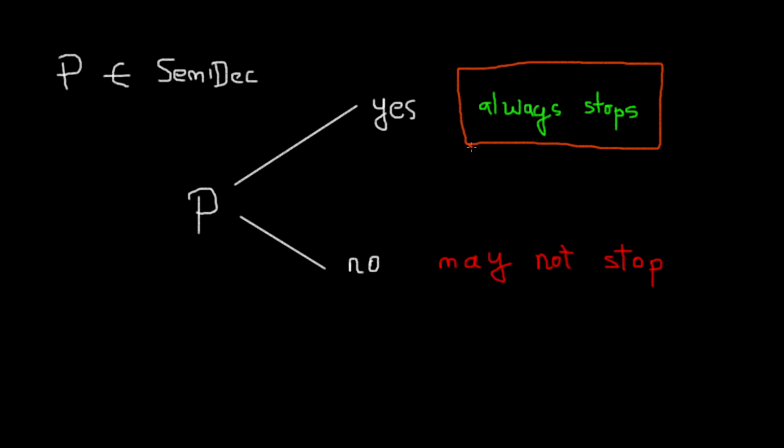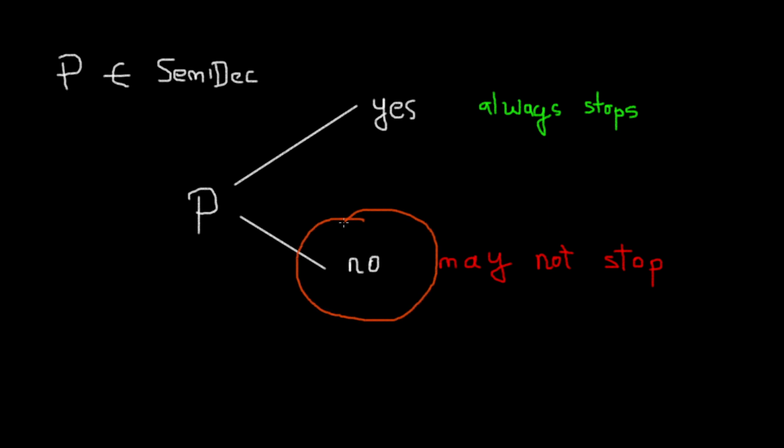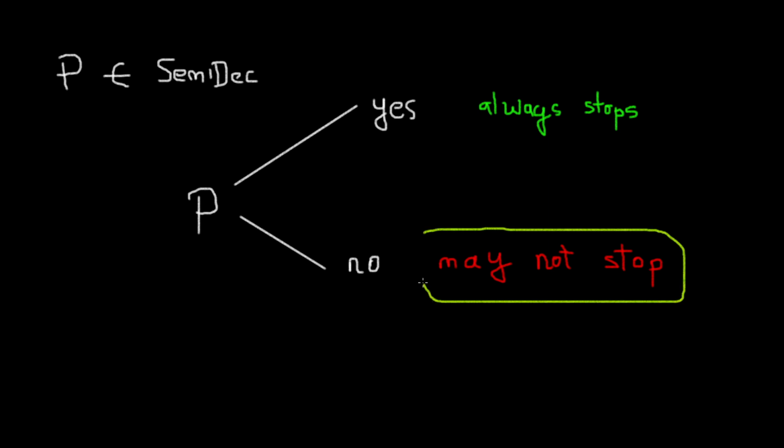So in this sense, the Turing machine will always stop, okay? But in the case of the answer on the output being no, then our program may not stop. So it can stop, but it may not stop. So since we have the possibility that it runs forever, then this problem P is a semi-decidable problem, okay?